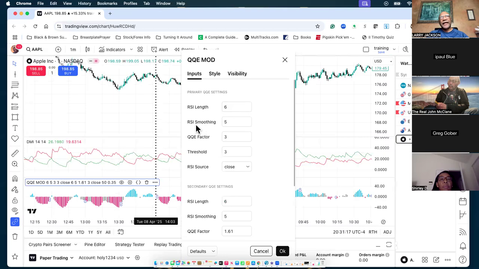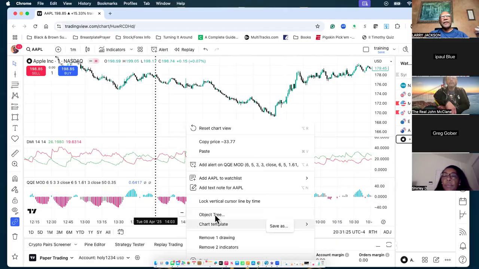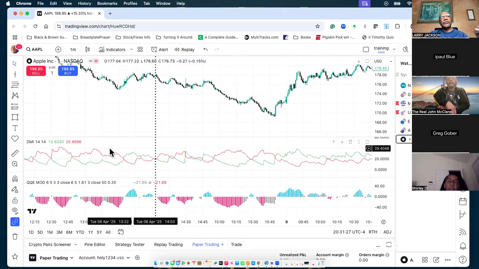It's got the RSI, RSI smooth, the QQE factor, the threshold. I'm leaving all of that where it is. It usually does a really good job. Now, notice that the QQE and the RSI on this cross are in alignment with one another.